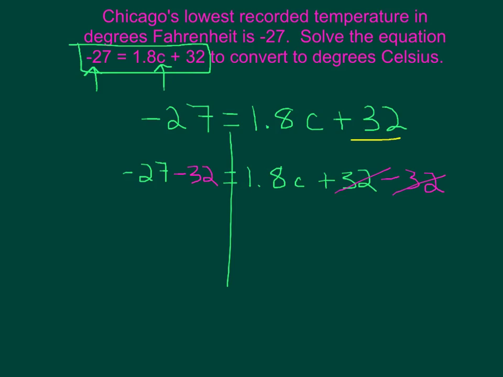Negative 27 minus 32 is negative 59, and then equals, we have 1.8 C left over on the right side, and now let's divide both sides by 1.8.